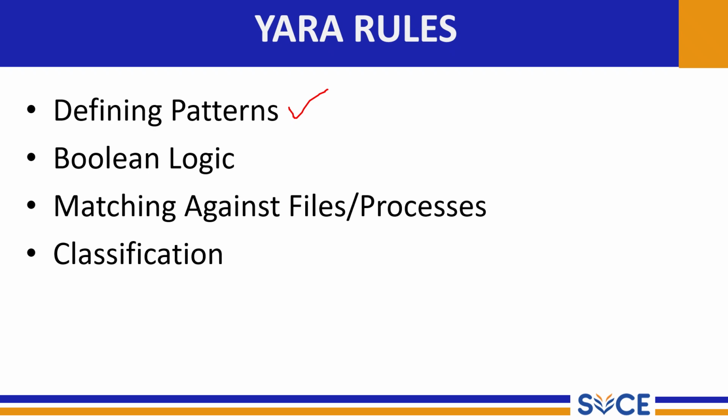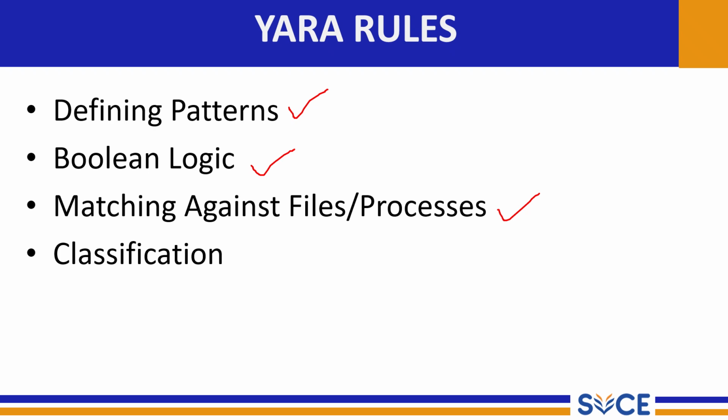Okay. The second one is the Boolean logic. These rules also include a Boolean expression that determines when a file or process matches the defined criteria, which triggers a positive identification. The third one is matching against files or processes. When YARA is sent to scan files or processes, it compares them against the defined rules.